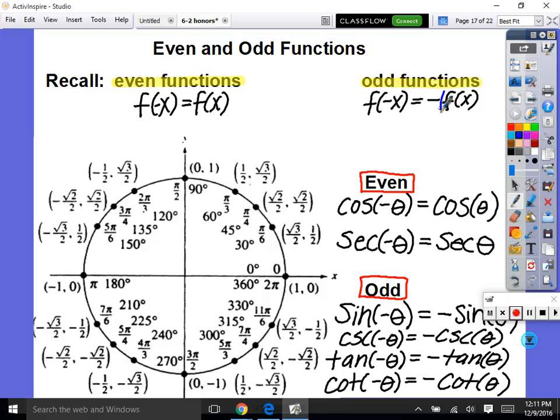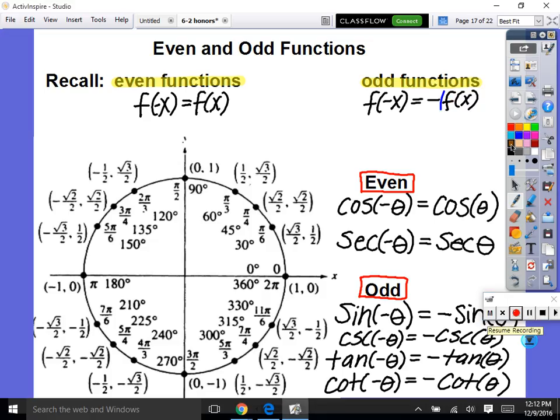If tangent's odd, then cotangent will also be odd. So all you have to remember is that even is cosine, odd is sine and tangent, and then the reciprocals are the same, even and odd. Do you get what I'm saying? I'll show you why, and then you'll say, oh yeah, that makes sense, cosine's even. So get that down, then I'll show you.